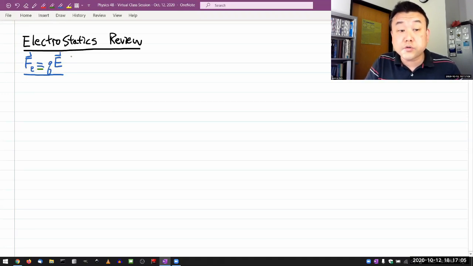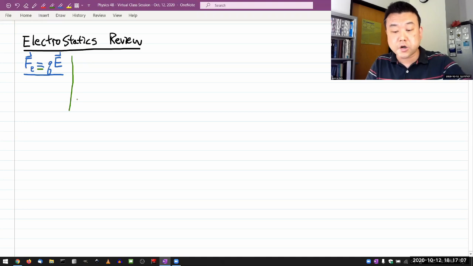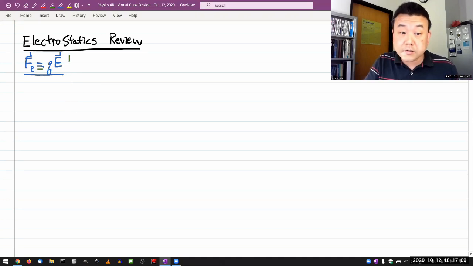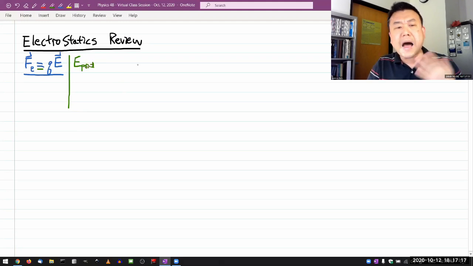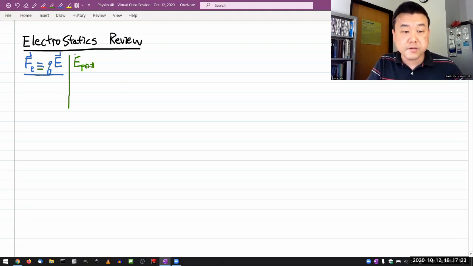These are the electric fields of different charge distributions. The first is really what we introduced in Coulomb's law, electric field due to a point charge. Let me give the vector representation.